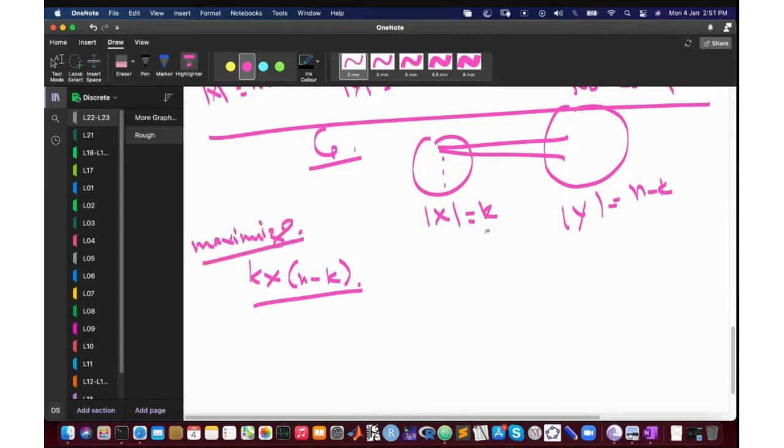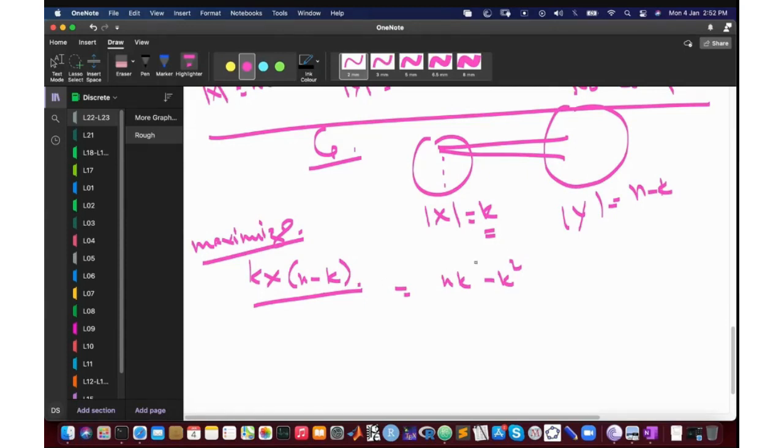You don't know what the value of k is. You know n, but k is not known to you. So this gives you n times k minus k square. Just give me a second. All right.